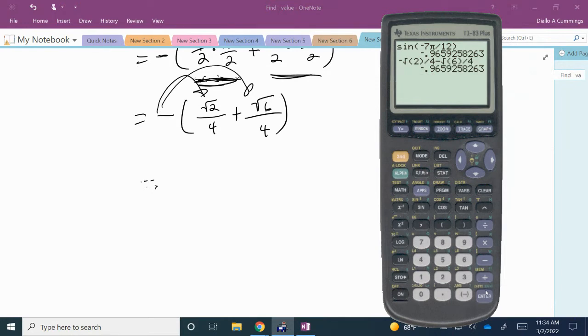So just to reiterate, here's the difference between an exact value and an approximated value. The calculator will give us an approximated value. The exact value: since the square root of 2 is an irrational number, it never stops and it never repeats.